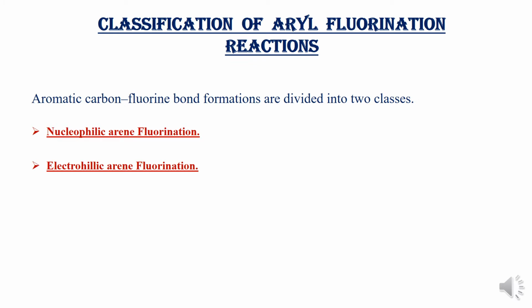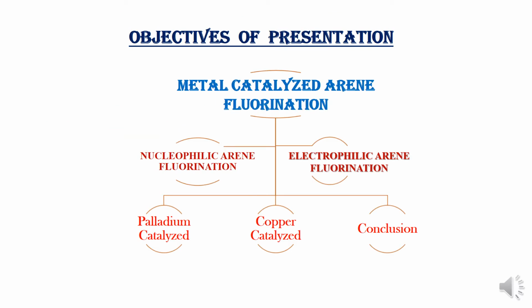According to the literature, the classification of aryl fluorination reactions is that aromatic carbon-fluorine bond formations are divided into two major classes: one is nucleophilic arene fluorination, and the other is electrophilic arene fluorination. The objective of this term paper presentation is mainly focused on metal catalyzed arene fluorination.